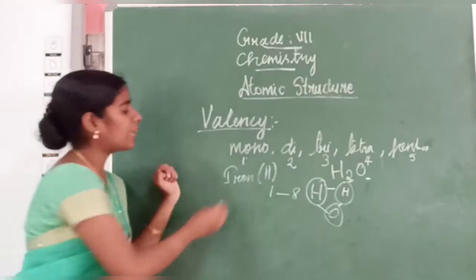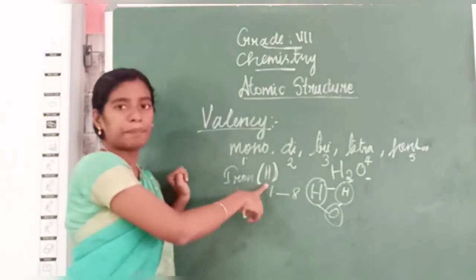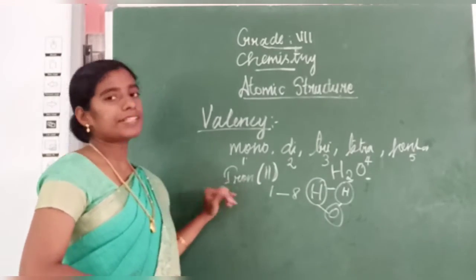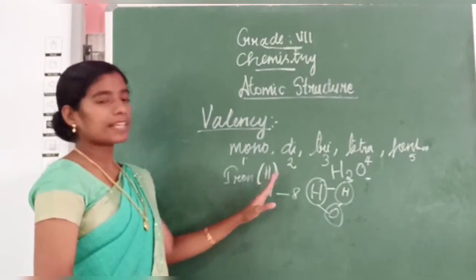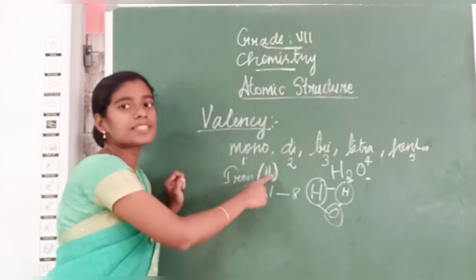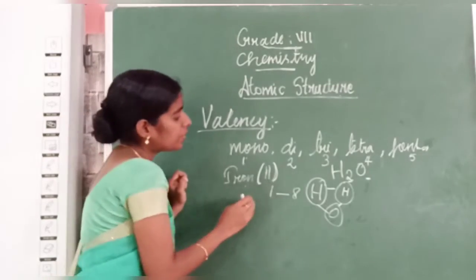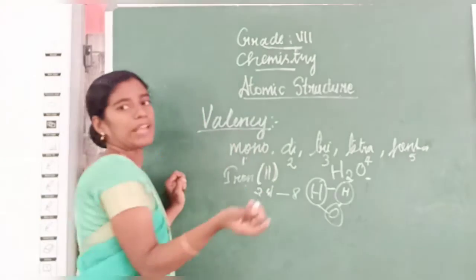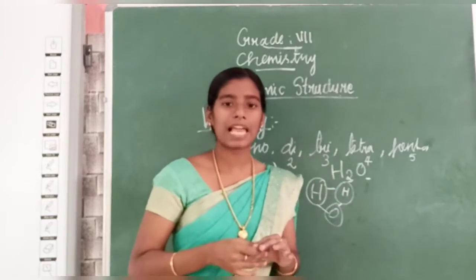We have to write the element and its valency should be written inside a bracket with Roman numbers. Consider iron, which has 2 valencies, so we write them inside the bracket. You have to write iron first, then write the valency inside the bracket. One will be 2, one will be 4. Like this 2 valencies it will have. Understand what is the valency and how we represent this valency?